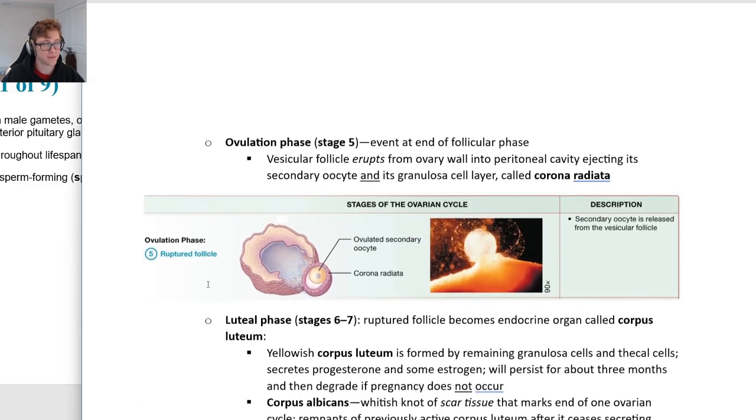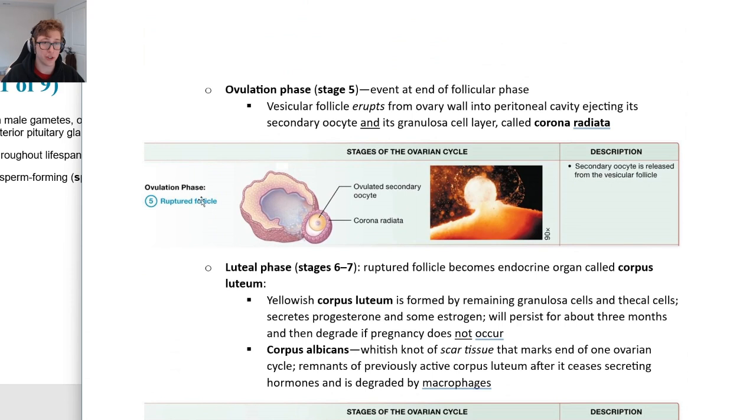And then ovulation occurs, where this follicle is essentially ruptured due to the increasing pressure and fluid inside of it, and this ovulated secondary oocyte is ejected out of it and starts heading towards the fallopian tubes.